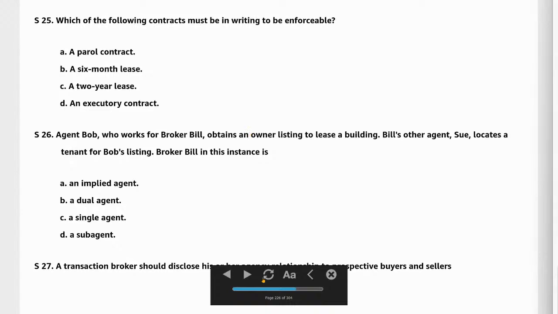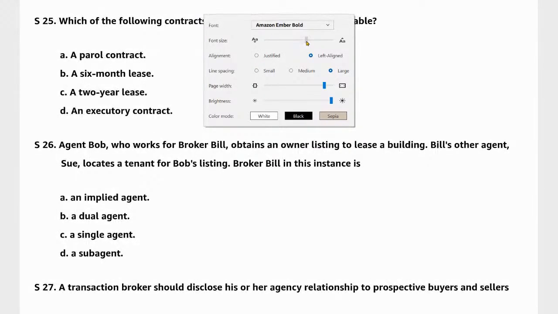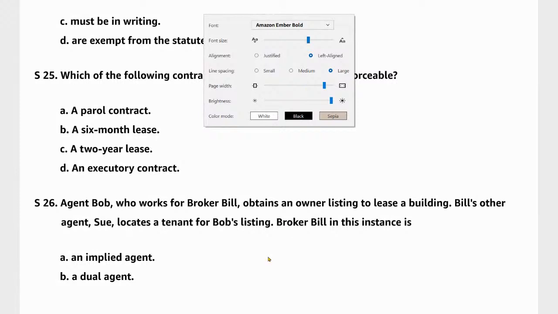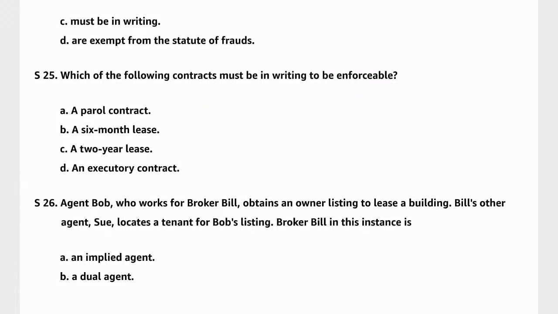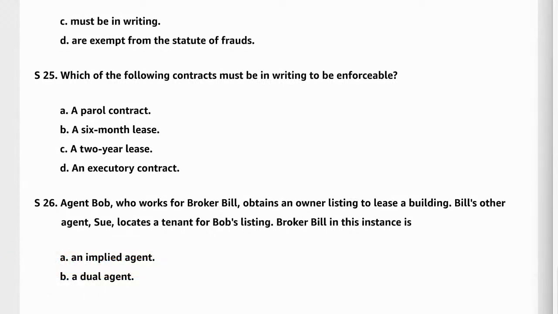All right, number 25. Which of the following contracts must be in writing to be enforceable? A, a parol contract. B, a 6-month lease. C, a 2-year lease. Or D, an executory contract.